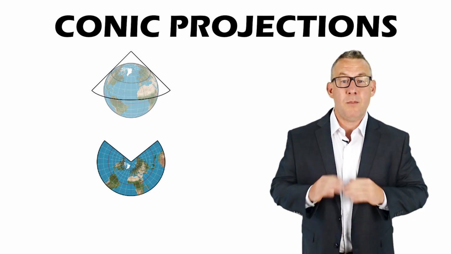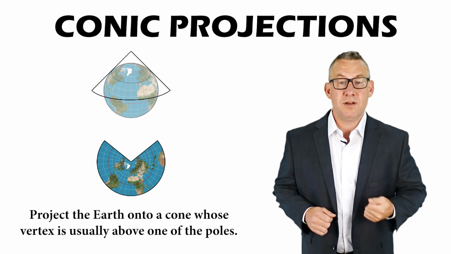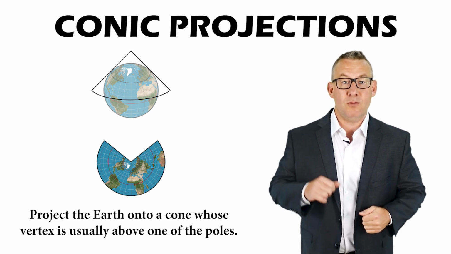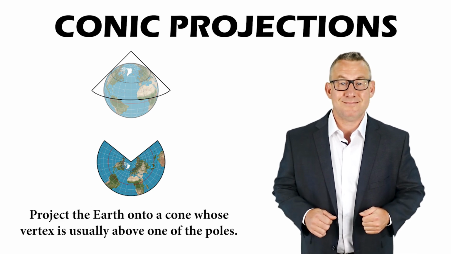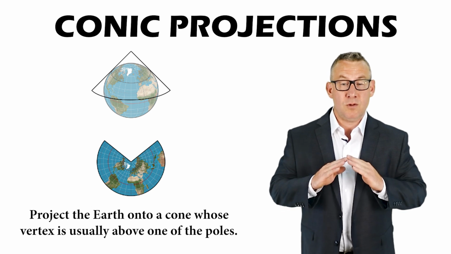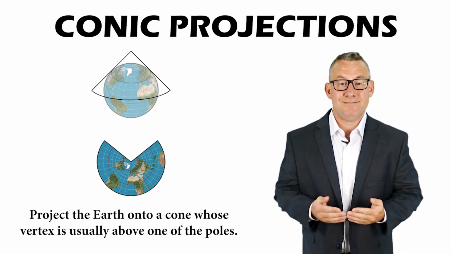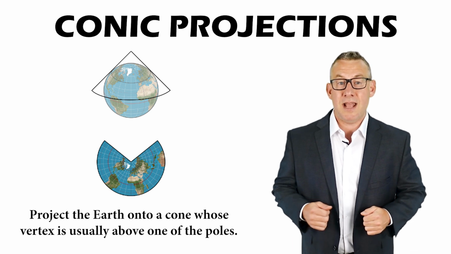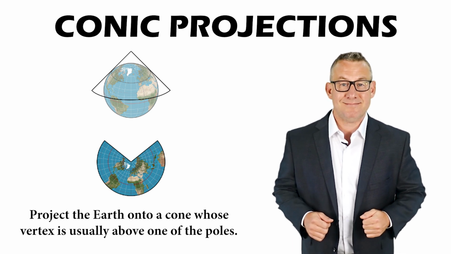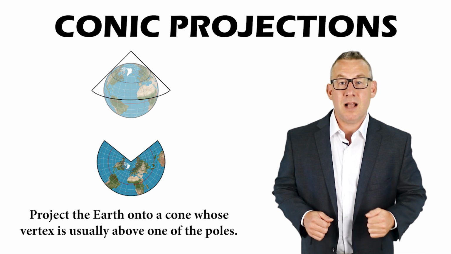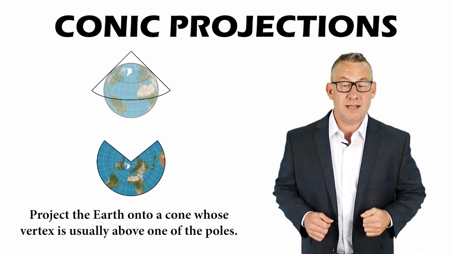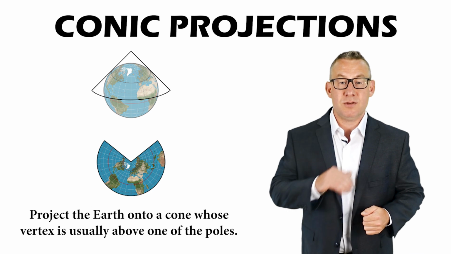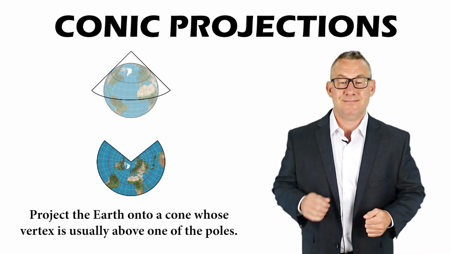Conic projections project the Earth onto a cone whose vertex is usually above or below one of the poles. The cone is then unrolled onto a flat surface. Conic projections preserve direction and area in limited areas. Conic projections distort distance and scale except along standard parallels.